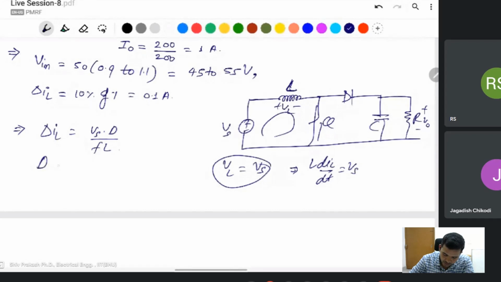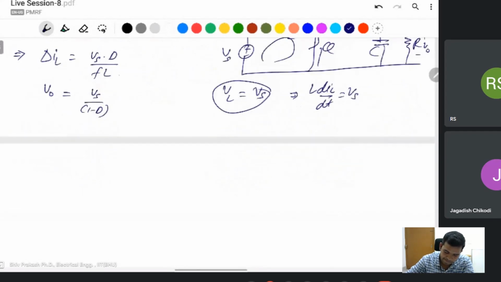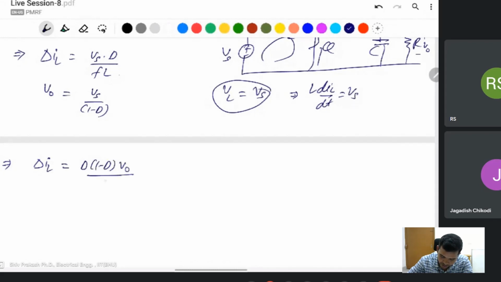And V naught is equal to VS divided by 1 minus D. Replace VS here, and you get L equal to D into 1 minus D times V naught divided by F into delta IL.